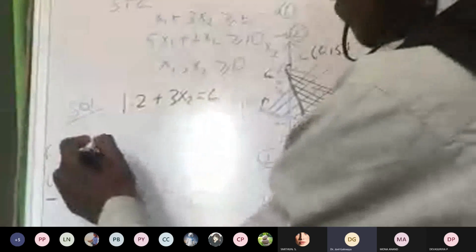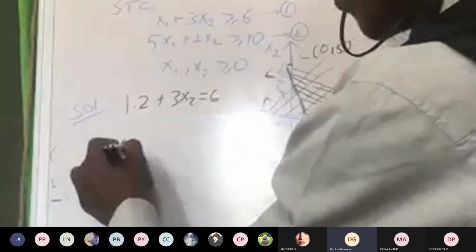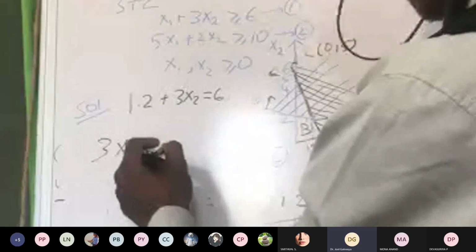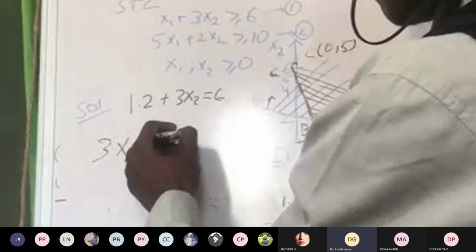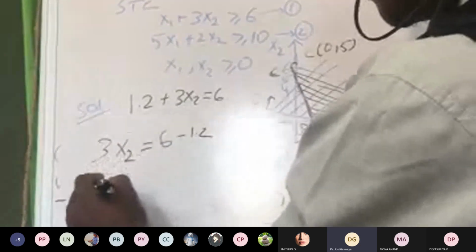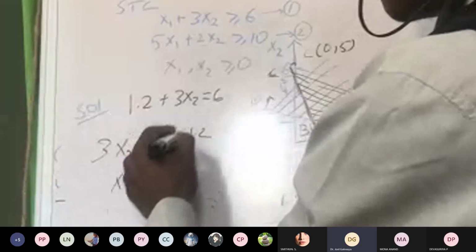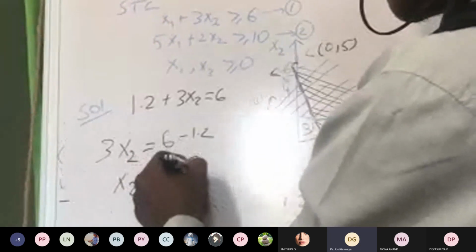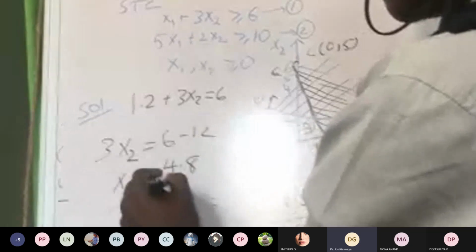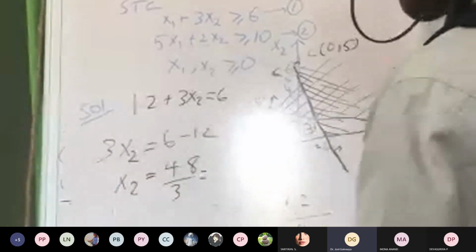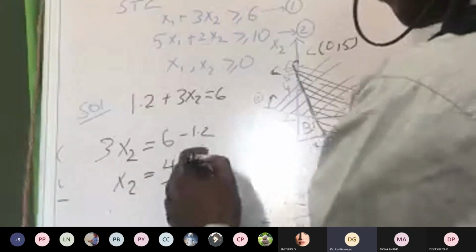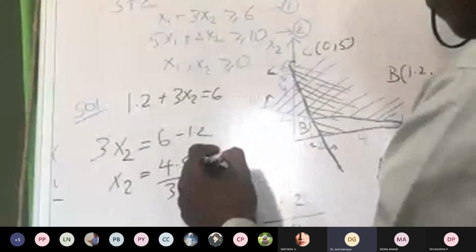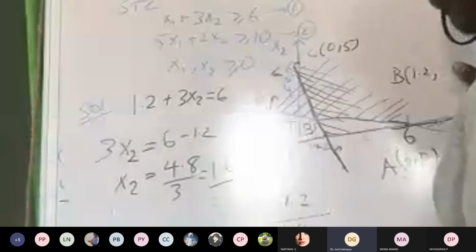And we have 3x2 is equal to what? What is the value for this one? 6 minus 1.2. Now, x2 is equal to what? This is going to give 4.8, right? 4.8 divided by 3 is equal to 1.6.